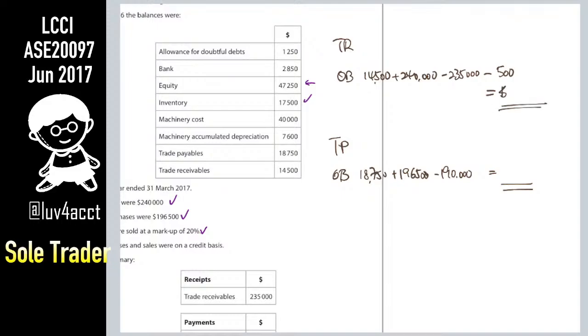So let's see. 14,500 plus 240,000 minus 235,000 minus 500. You have 19,000.